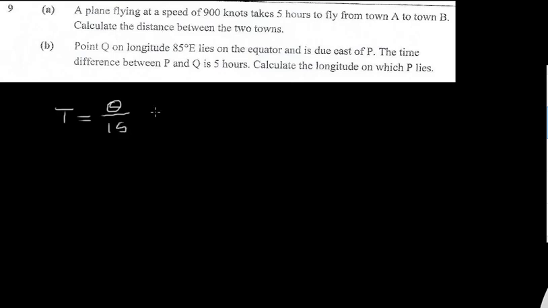Why? Because remember, for every 15 degrees, an hour is either added or subtracted between 2 points. For every 15 degrees, there is an hour.